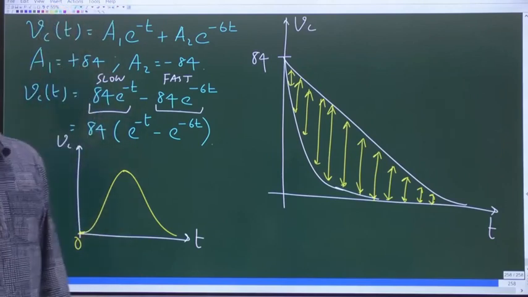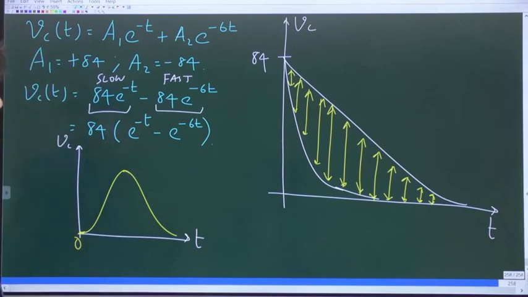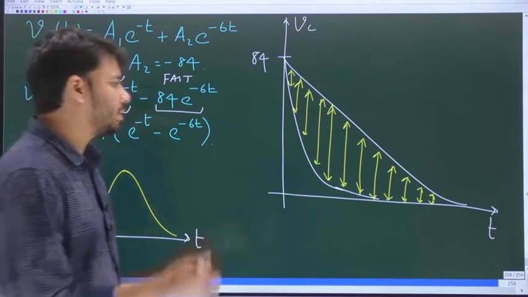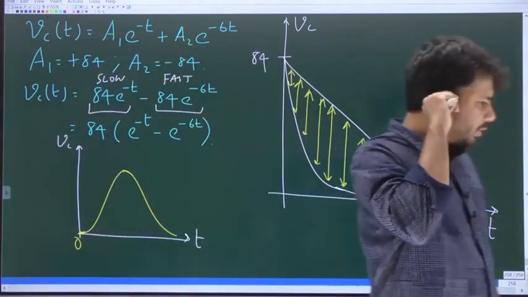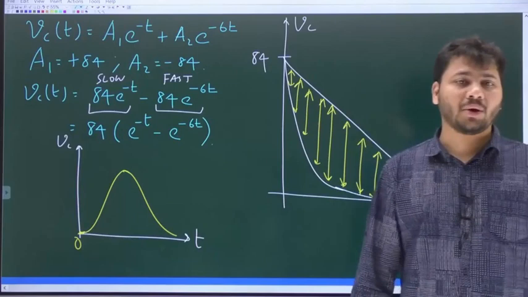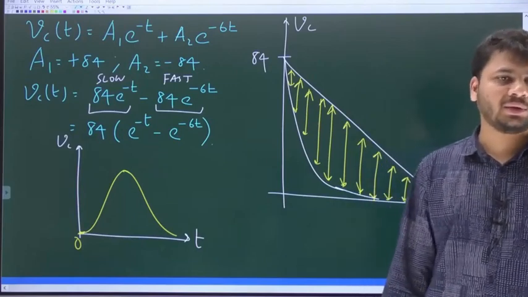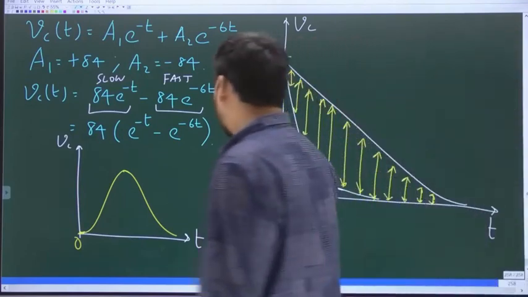I hope the logic is clear. So you can see Vc starts from 0, reaches a maximum value, and thereafter decays to 0. You understood? Yes. So that's the kind of response we are going to get in our RC circuit. You understood? Yes.